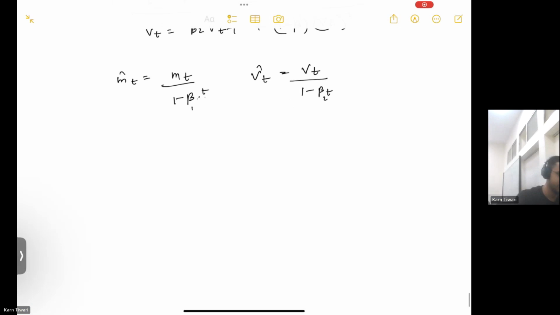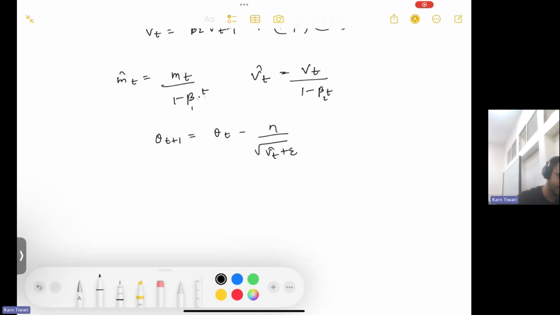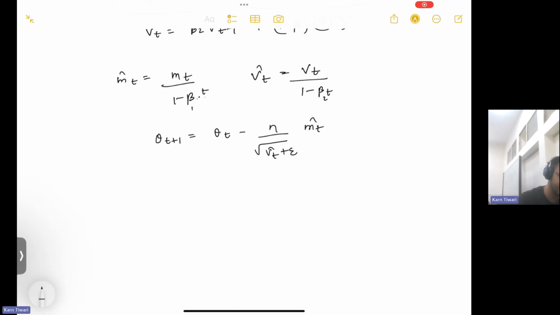So the update basically looks something like theta t plus 1 is equal to theta t minus eta divided by root under V t cap plus epsilon into m of t cap.